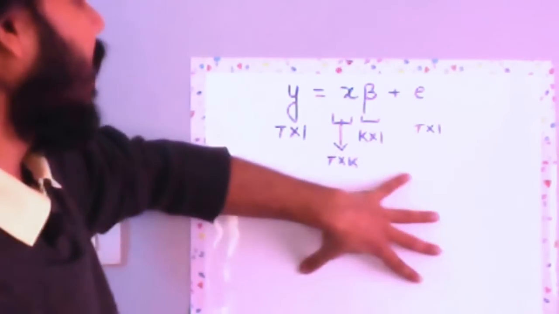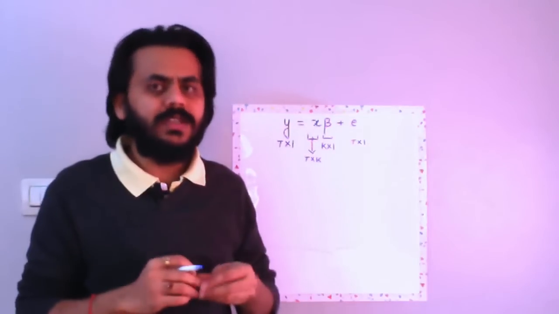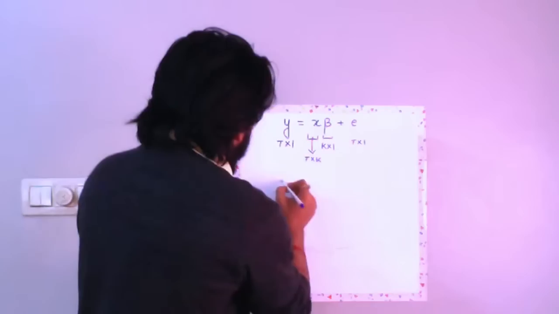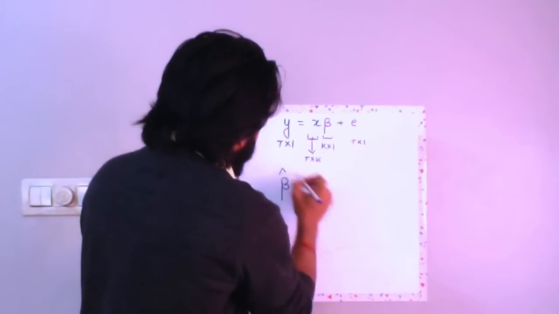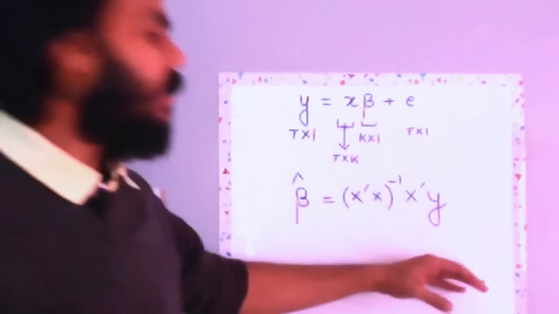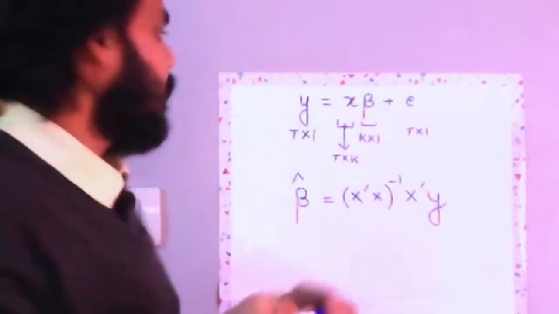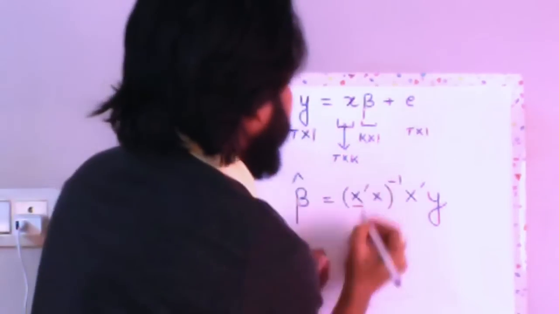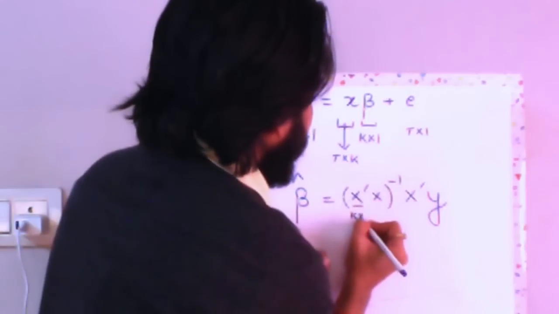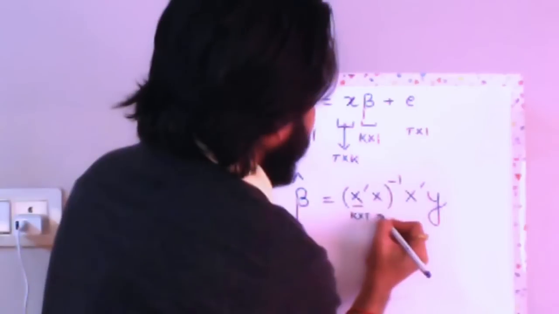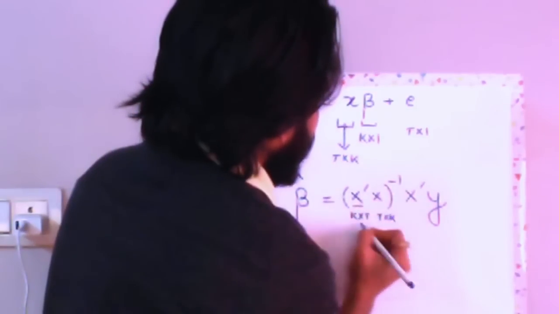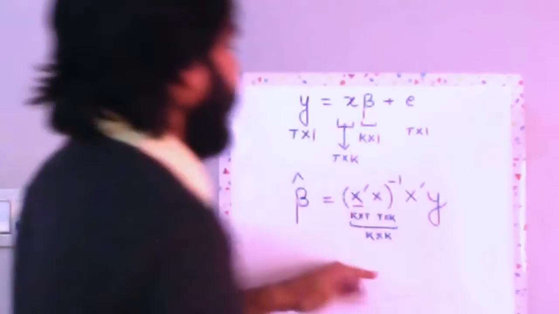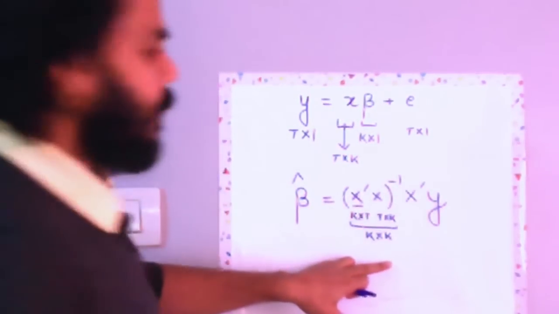So with this background, we can jump to the estimate of beta, known as beta hat. Beta hat is equal to, now if we look at the dimensions, x transpose will be k cross t, x will be t cross k. So over here you will get k cross k, and the inverse of this will again have dimension k cross k.